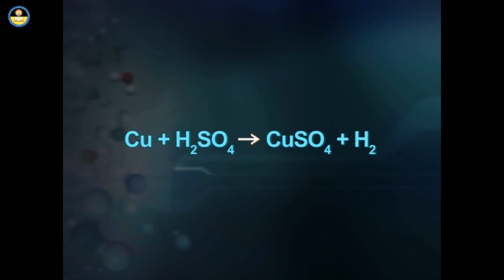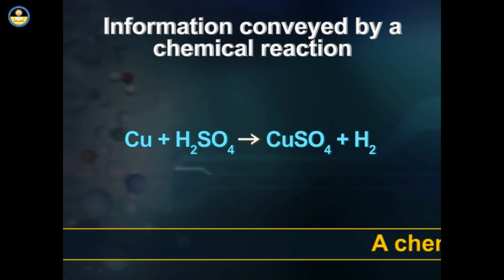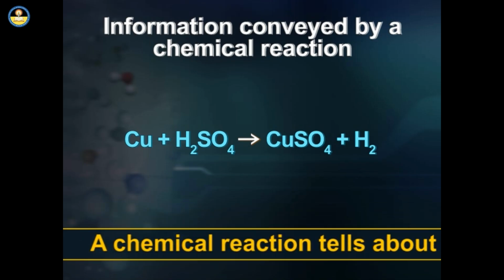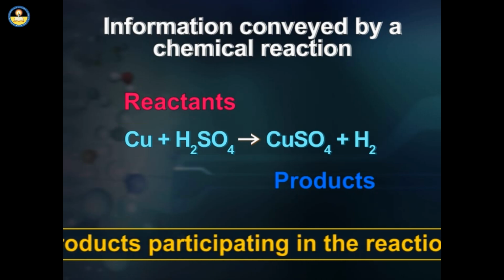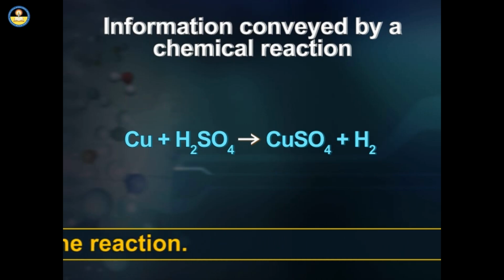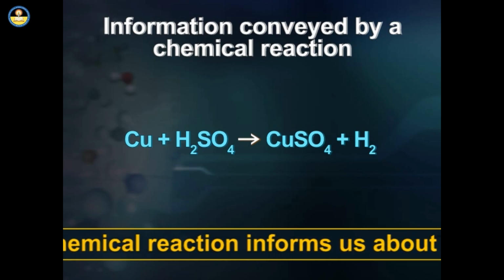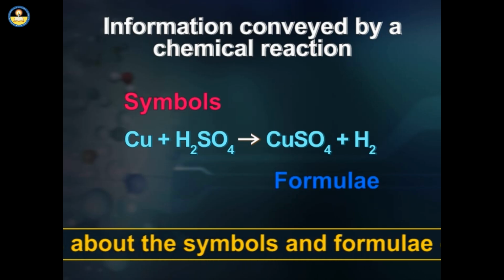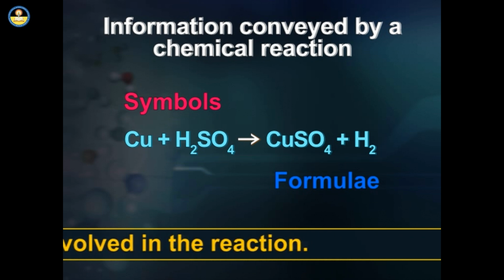Let us revise. Information conveyed by a chemical reaction. A chemical reaction tells about reactants and products participating in the reaction. A chemical reaction informs us about the symbols and formulae of all substances involved in the reaction.